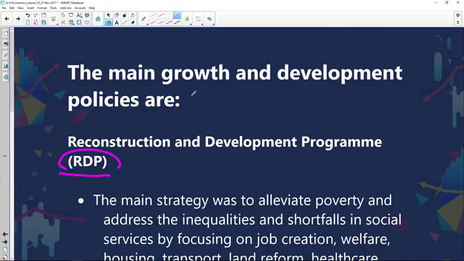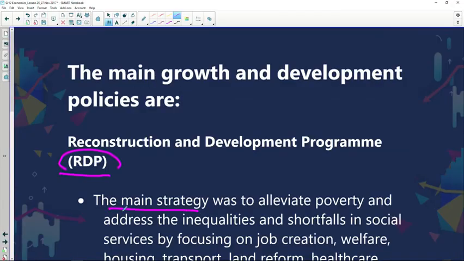People were talking about this RDP, and hence we were talking about the RDP houses that the government was going to build for the residents of South Africa in order to give them ownership of property. So that would have been done through the RDP policies. So what is the RDP all about? This is the main strategy.